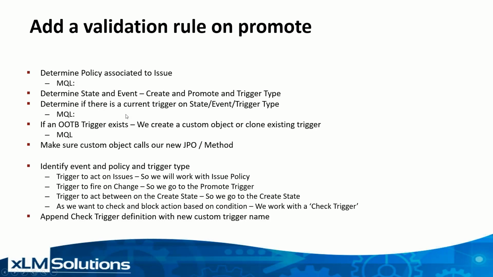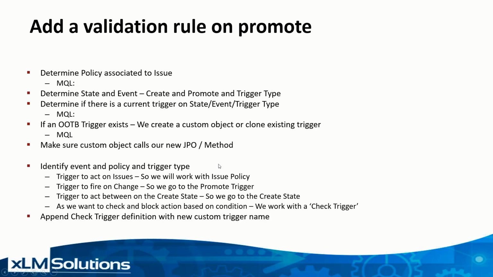There possibly could already be triggers in the system based on our event. And if so, we may need to replace that trigger or combine our trigger with what trigger is already there. Normally, in a lot of cases, if there's a trigger already there, we'll clone the out-of-the-box one, so we're not overwriting the out-of-the-box one, and we're adding to it.